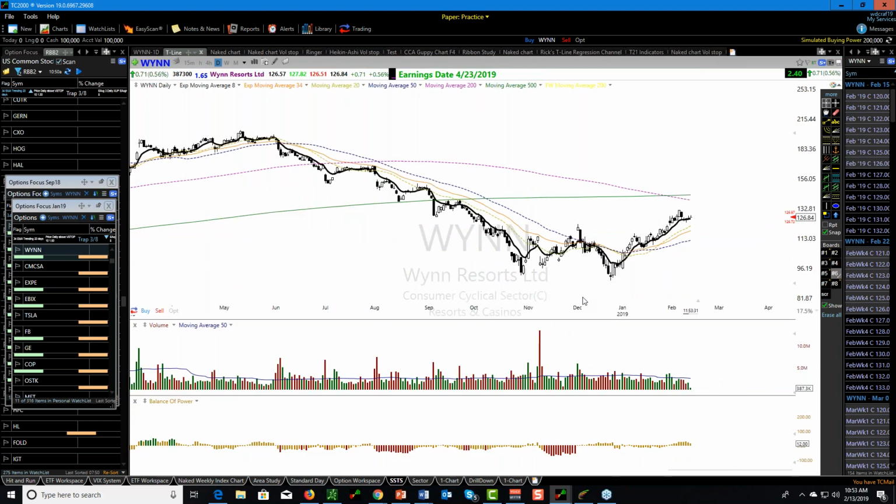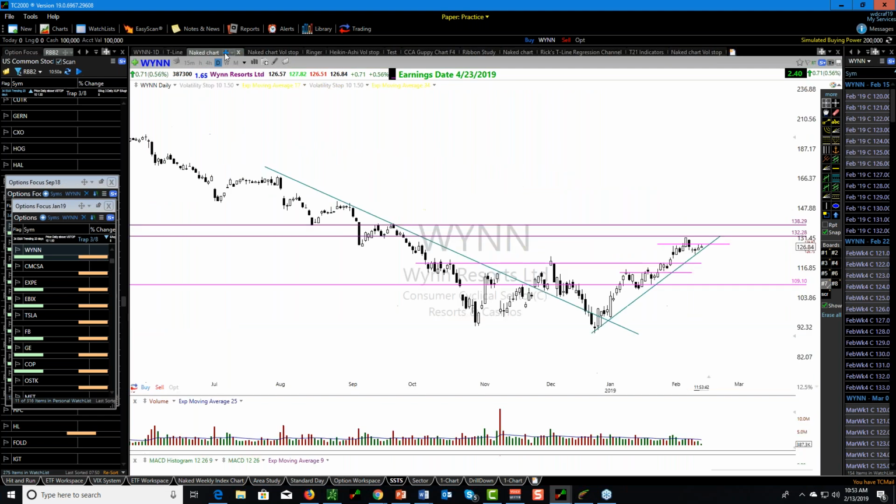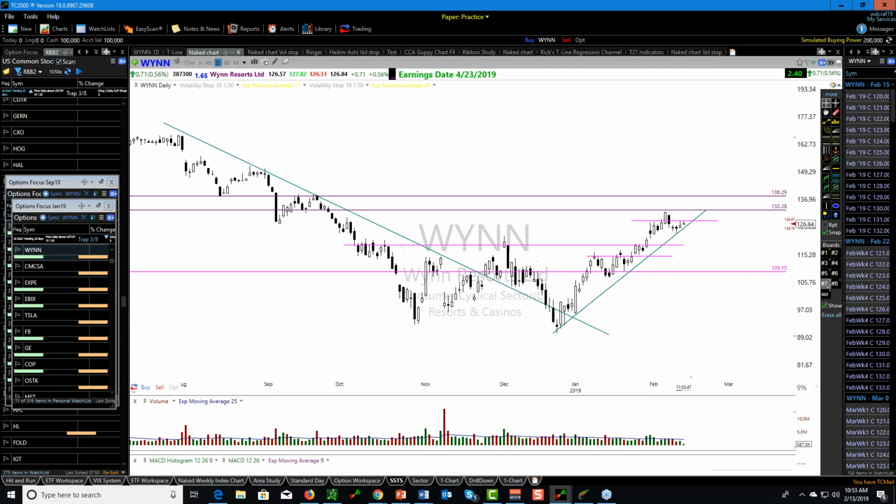We pull back, we find that support, that pullback opportunity. We started an uptrend, and I placed an alert on the chart. Members of Right Way Options made nice money in this trade, just playing along with this nice pattern that continues to repeat in the market over and over and over.